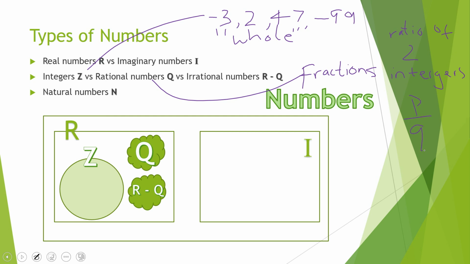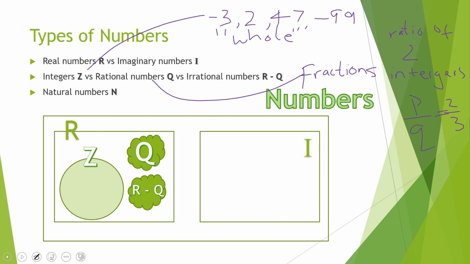So that is a fraction, right? If you've got something like 2/3, 5/7, 9/4, these are all examples of rational numbers, because it's a ratio of two integers, one at the top and one at the bottom, thus forming a fraction.